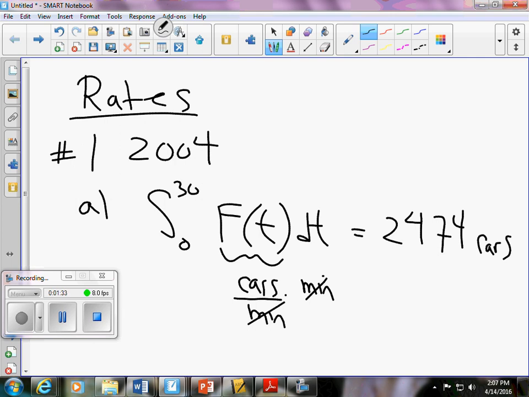Okay, so for the second part, part B, is the traffic flow increasing or decreasing at t equals 7? What are you going to do? All right, Shannon. Correct. You're just going to plug 7 right into the function.